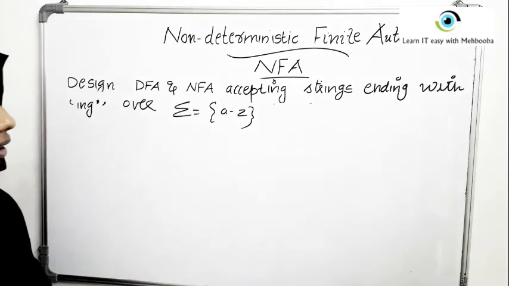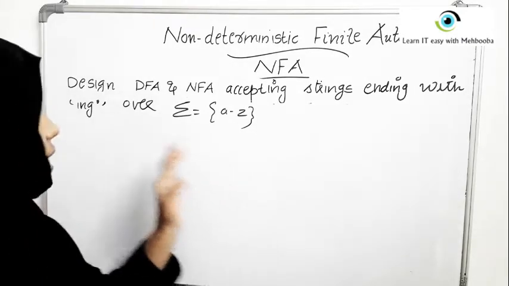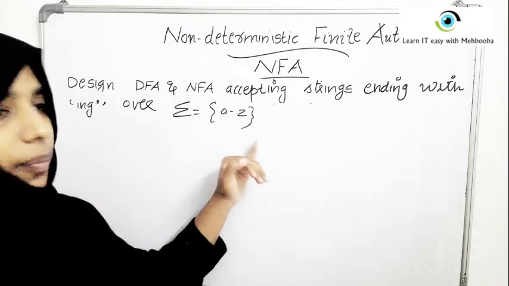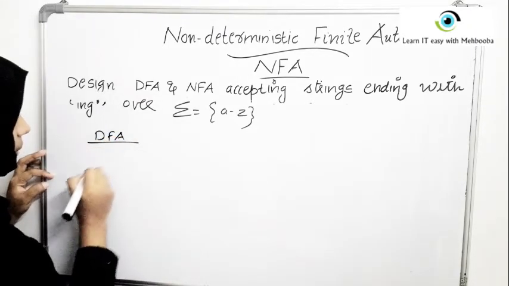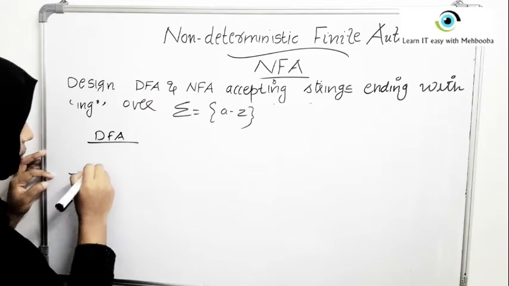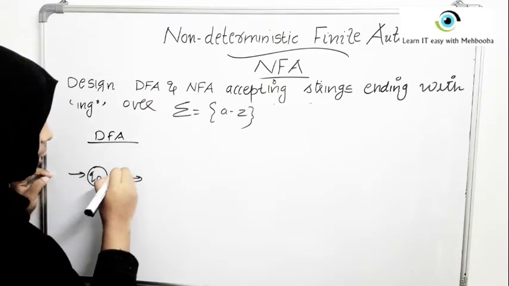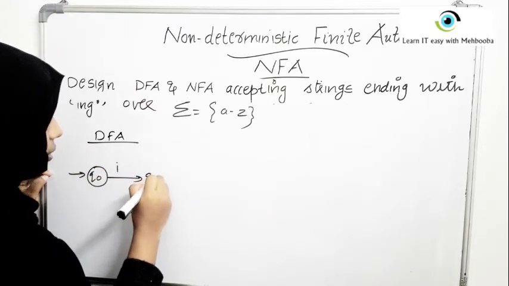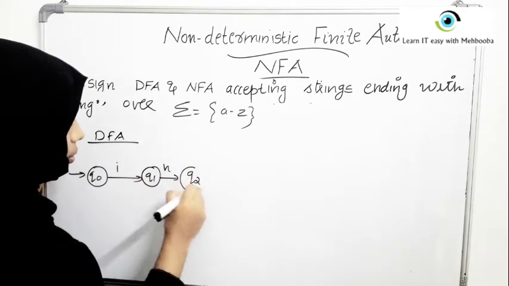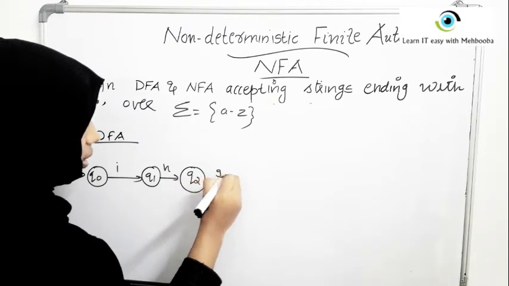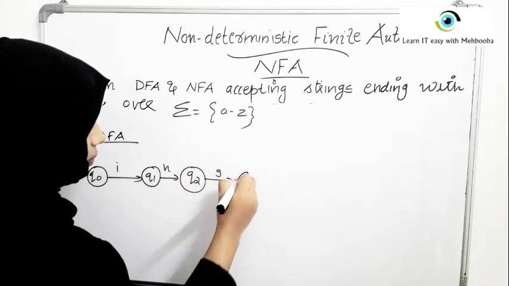We have to design a DFA and NFA accepting strings ending with ing over sigma. We will start with the DFA. So the minimal DFA is Q0, I, Q1, N, Q2, G, Q3.